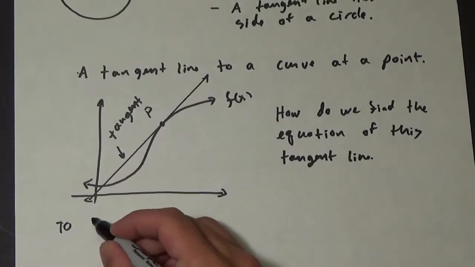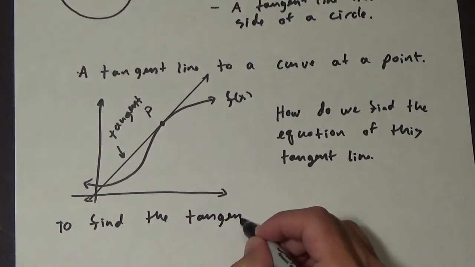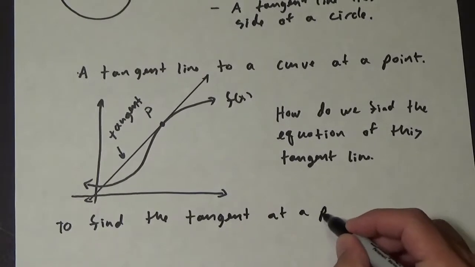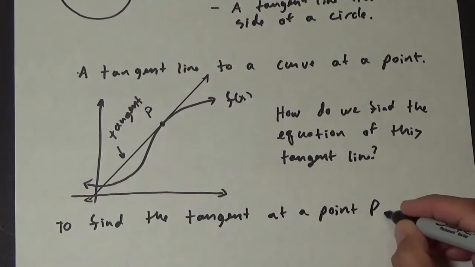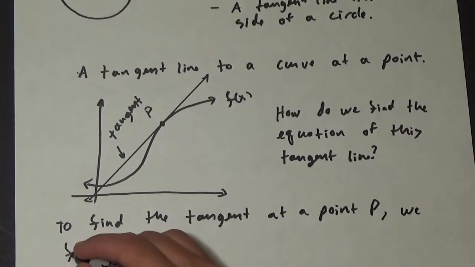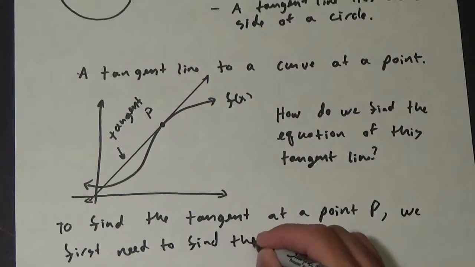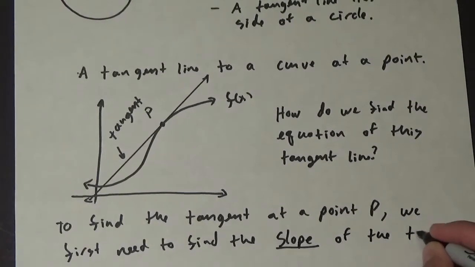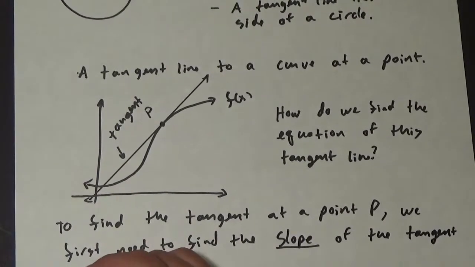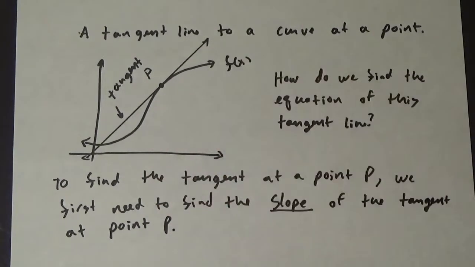So to find the tangent at a point P, this was a question up here, we first need to find the slope of the tangent at point P. So we need to find the slope of this tangent line.